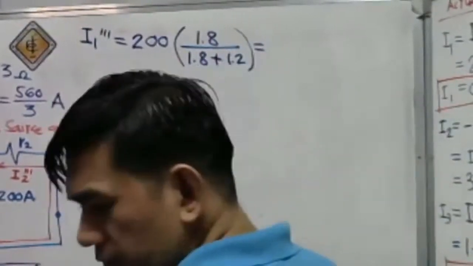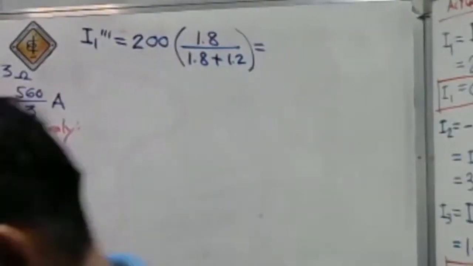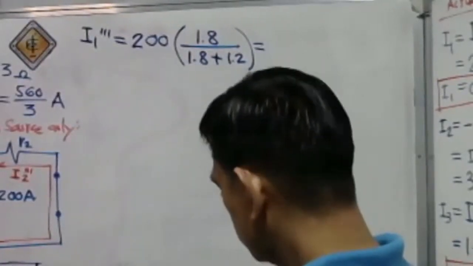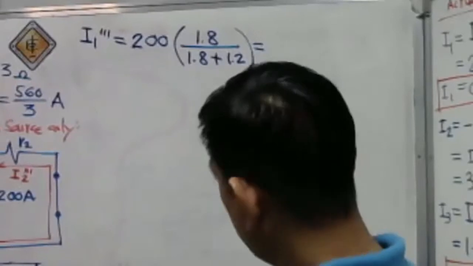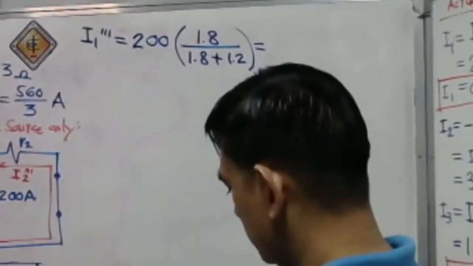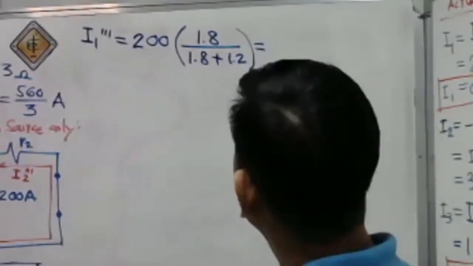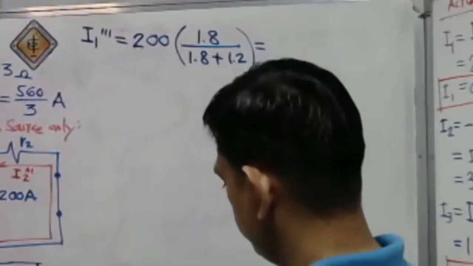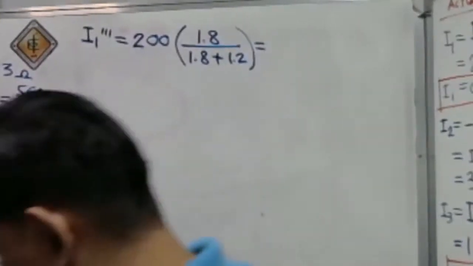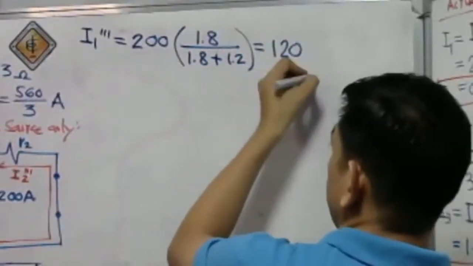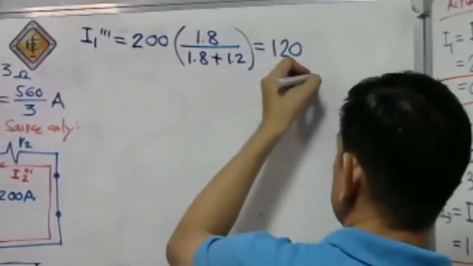So we may now solve this. This is 200 times 1.8 divided by 3. That is 120 ampere.